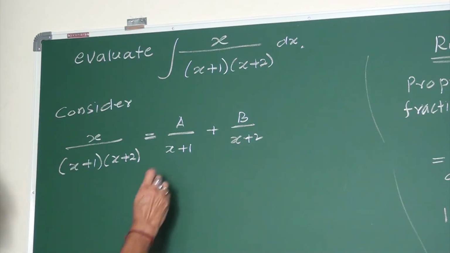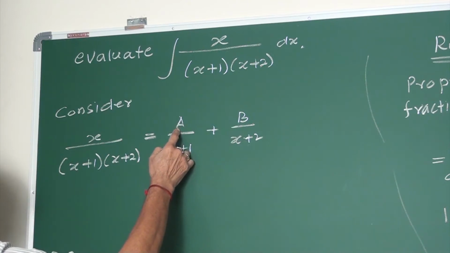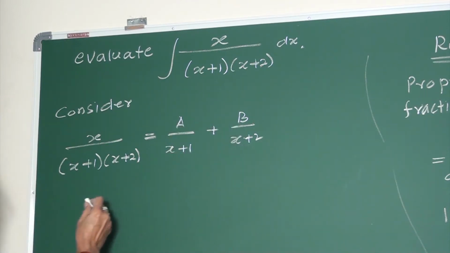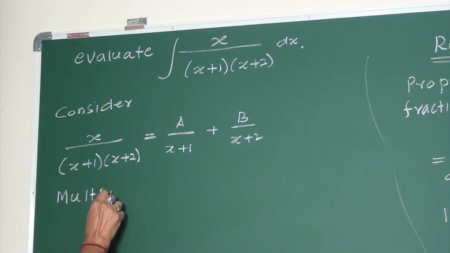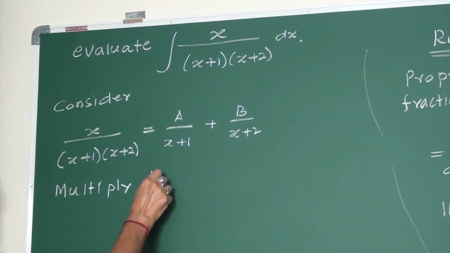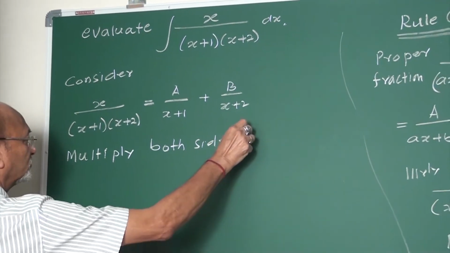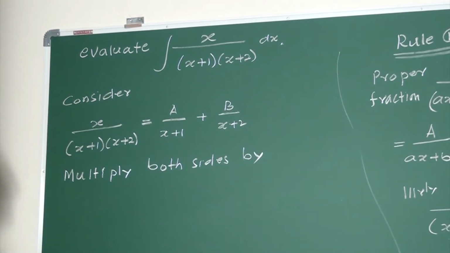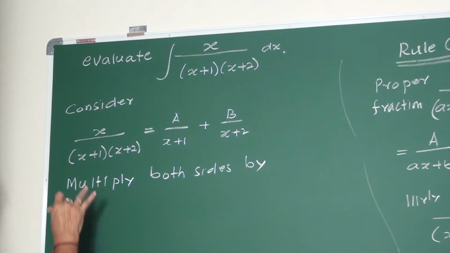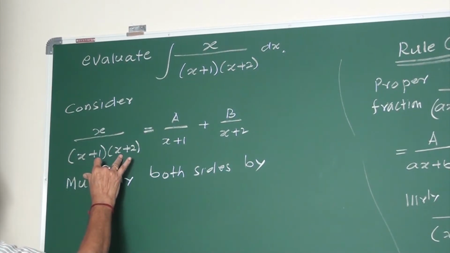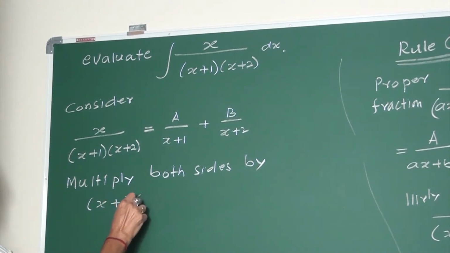I am explaining the method how to find the unknowns A and B. Yes, my friend, multiply both sides by the denominator of LHS. What is the denominator of LHS? x plus 1 into x plus 2.